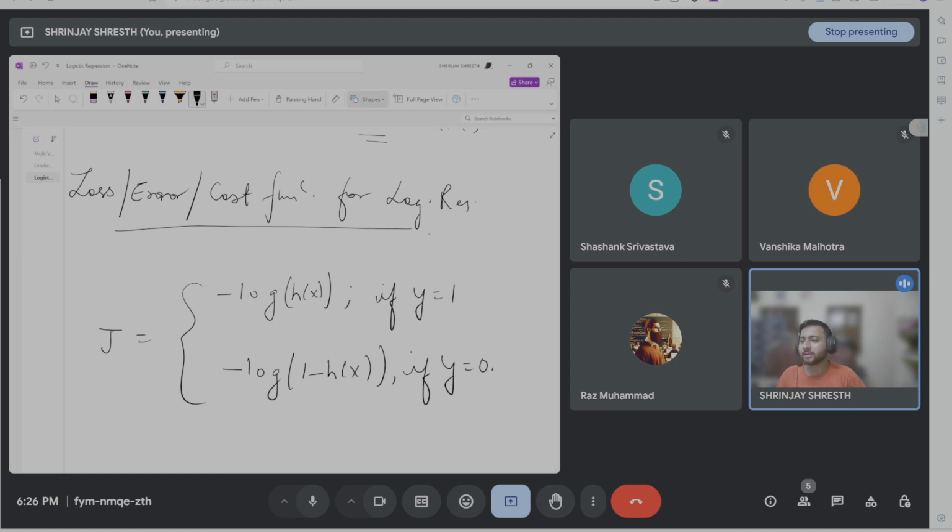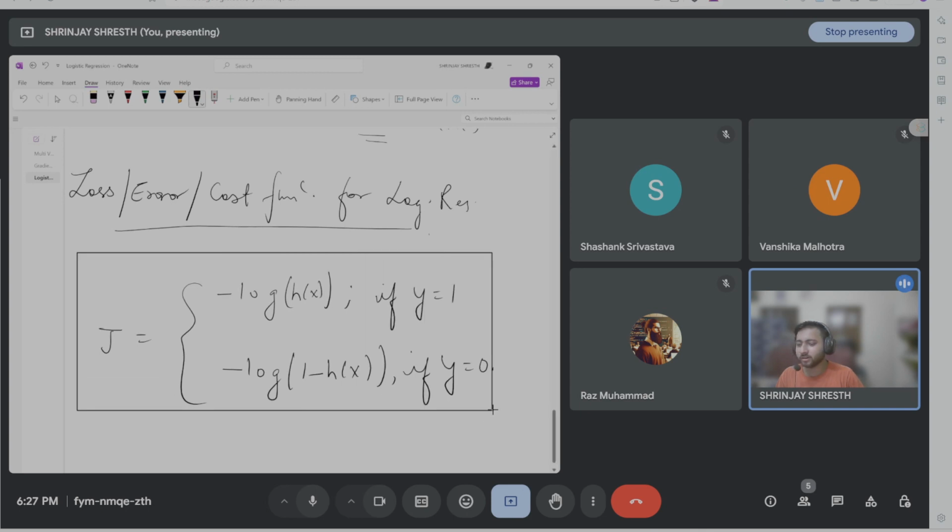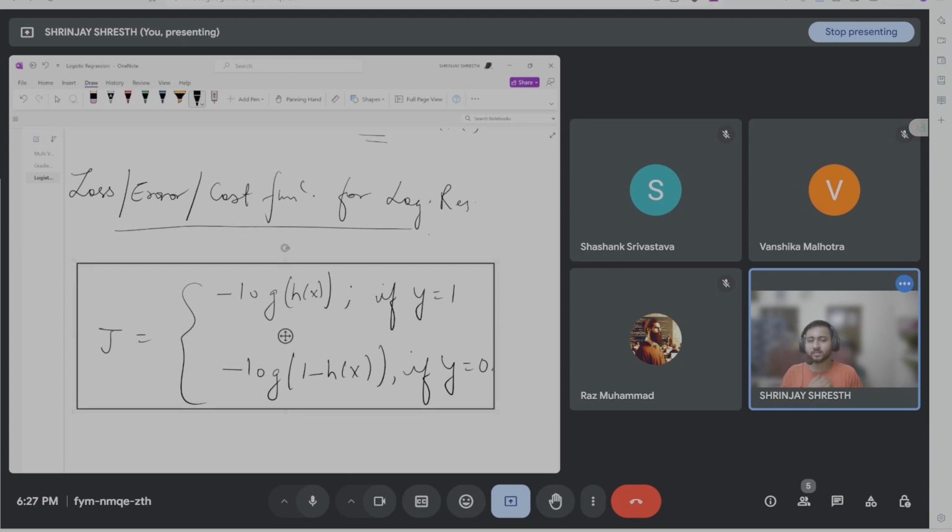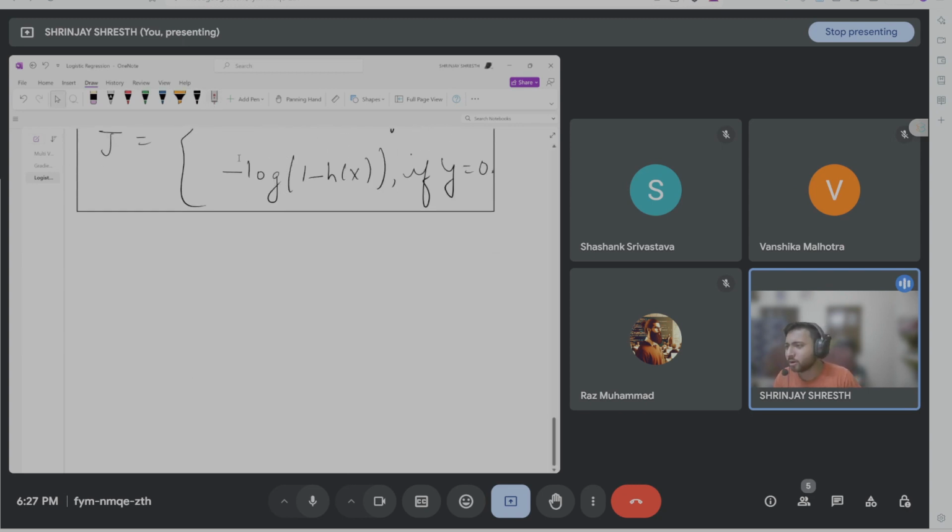I am skipping the mathematics where we derive this, because I don't think it is necessary as of now, but this is the loss function. If your y is 0, you'll have minus log of 1 minus h(x), and if your y is 1, you have minus log of h(x). If I try to plot a graph, this is your loss function J, this is your hypothesis function h(x), and this is 1.